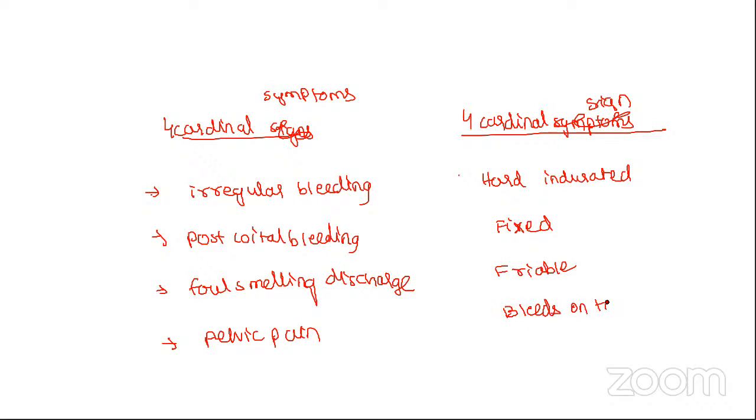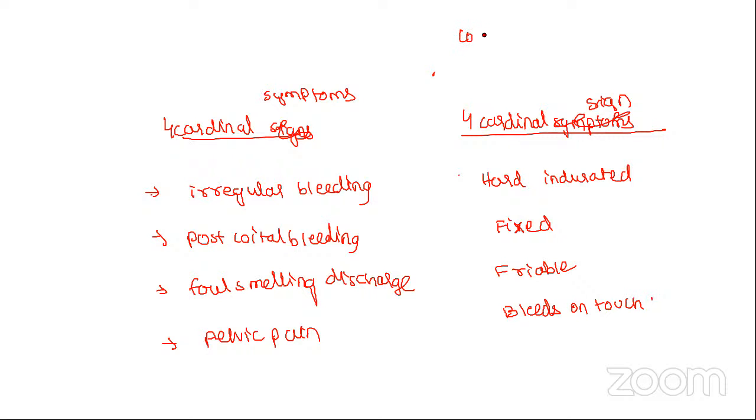So the 4 cardinal signs for carcinoma cervix are hard and indurated, fixed, bleeds on touch, and friable. The 4 cardinal symptoms are irregular bleeding, postcoital bleeding, foul smelling discharge, and pelvic pain. The discharge smells like ganji, the rice boiled water.